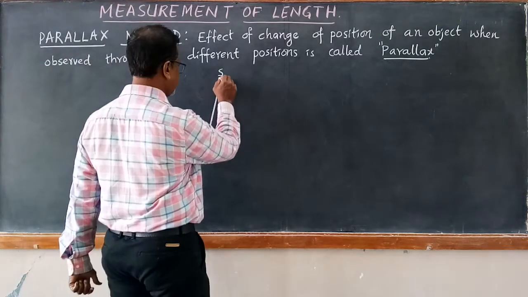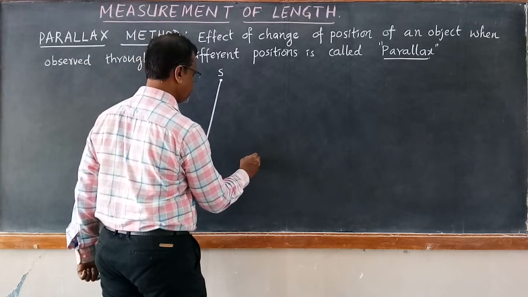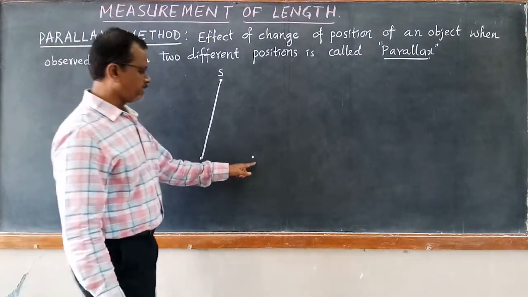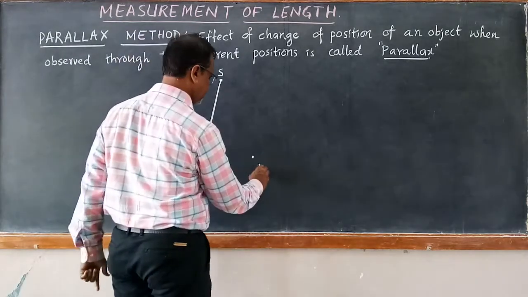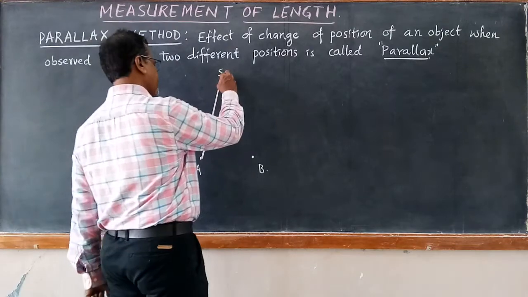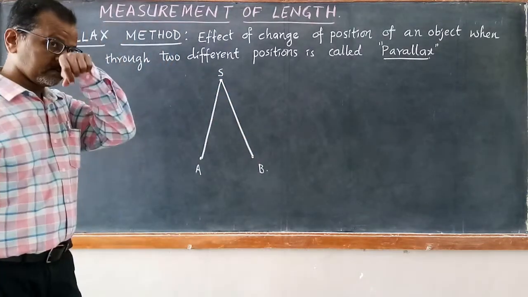Now if the same object is observed through another point of observation, let us say B, then BS becomes the line of observation.